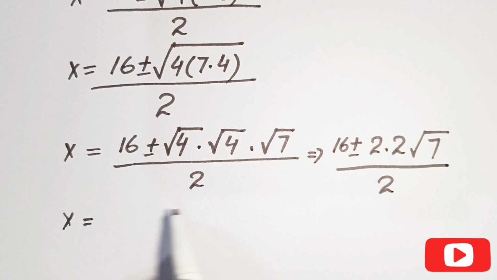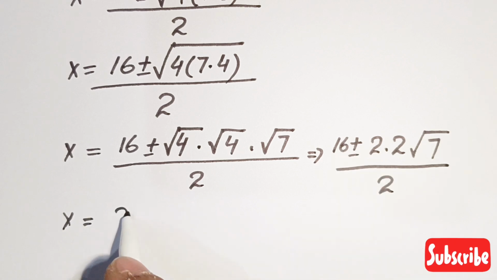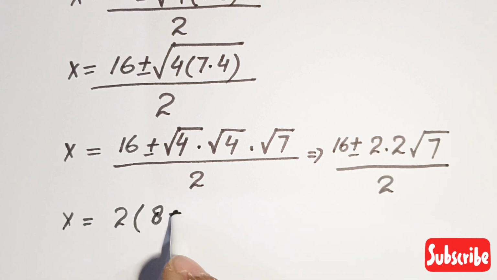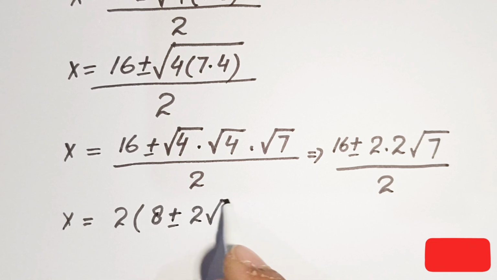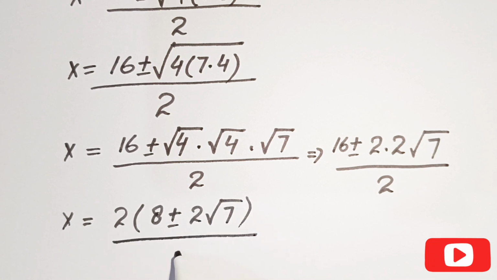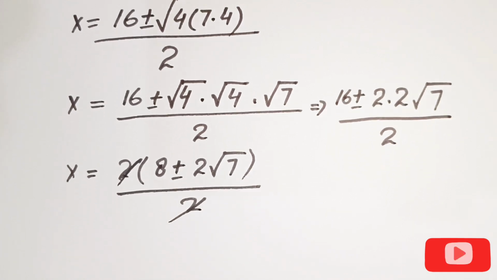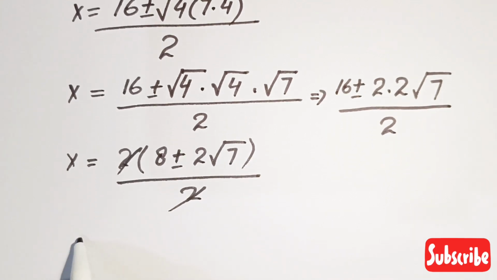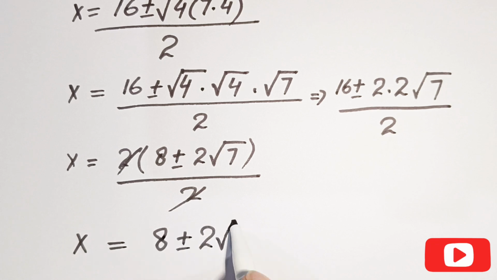Now if we take 2 as common, we get 8 plus minus 2 times square root of 7 all over 2, cancelling this 2 with 2. So our final step: x is equal to 8 plus minus 2 times square root of 7.